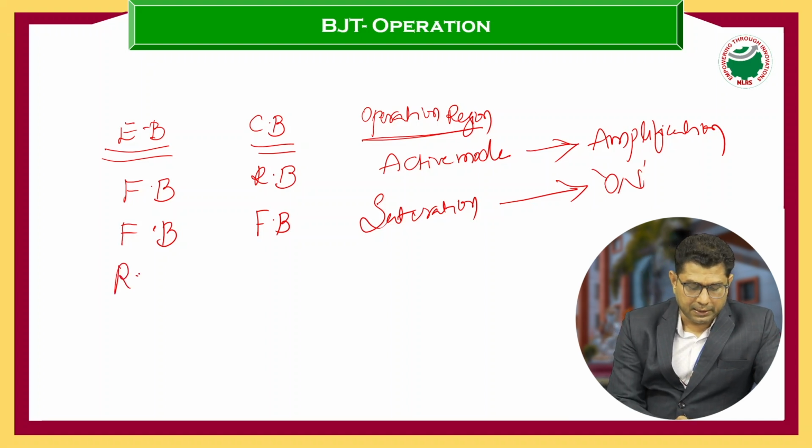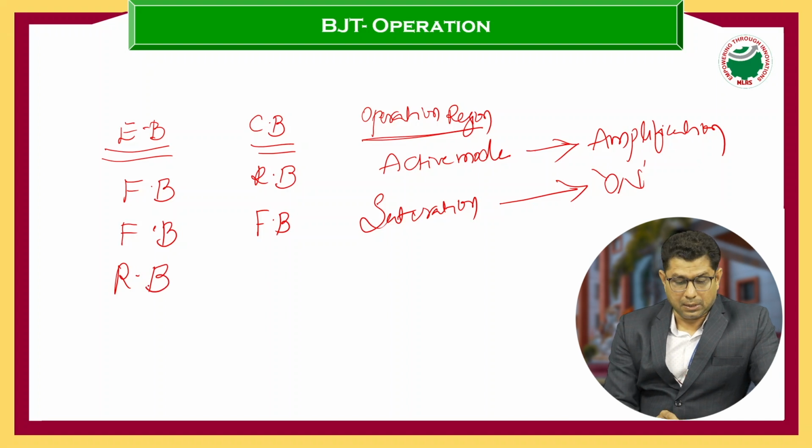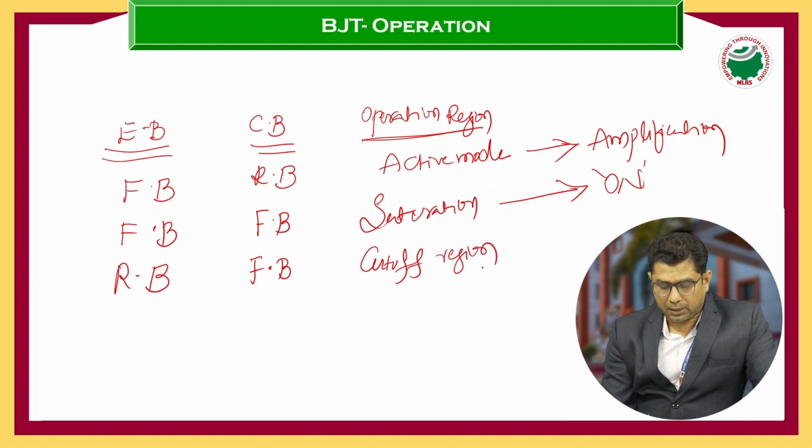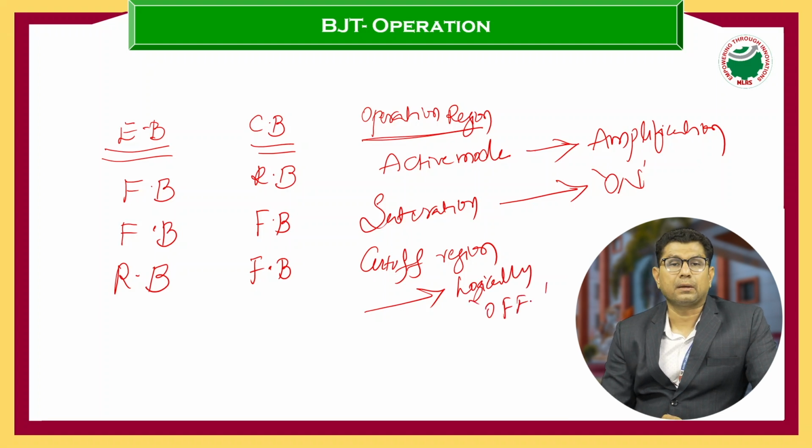The emitter base junction can be reverse biased and the collector base junction forward biased. This state is called the cutoff region. The cutoff region is usually used as logical off, which means the switch is open.